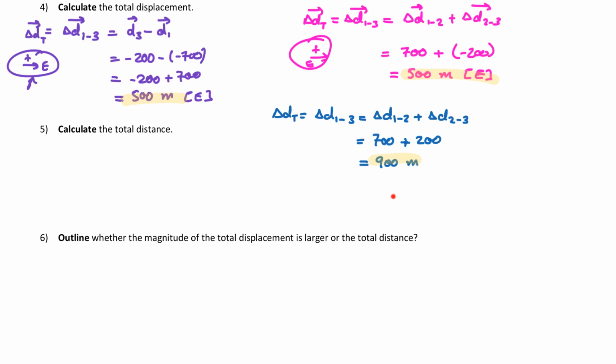Whereas if you go straight, when you're doing your distance, you do care that you're going in this direction and then you're going in this direction, and you're just adding all of those up. So here, if moving in same direction, then I'll just write size.